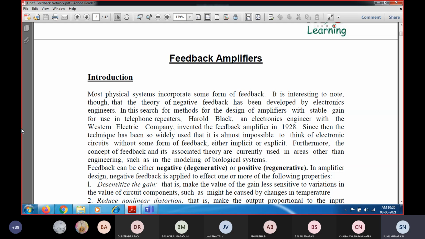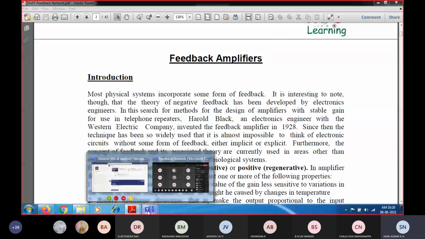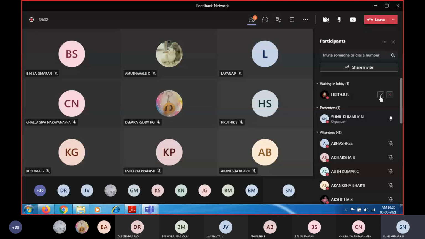I'll just give an example, so that feedback can be easily understood. Take what we are doing in the class: the faculty is like an amplifier in a feedback system.